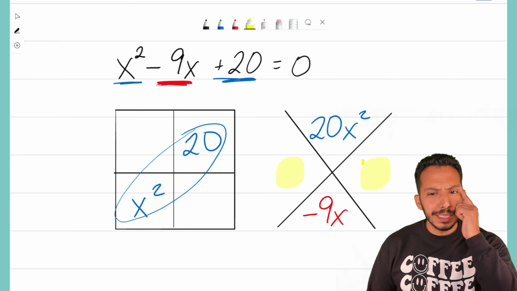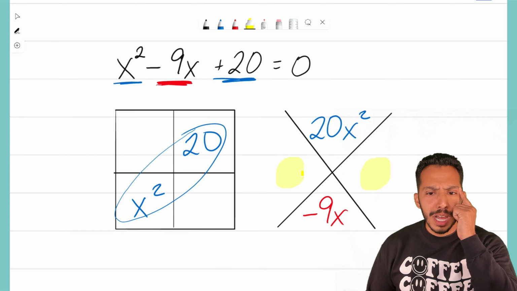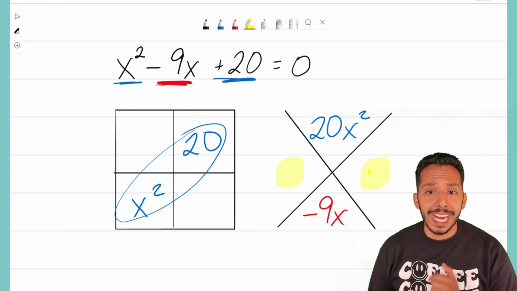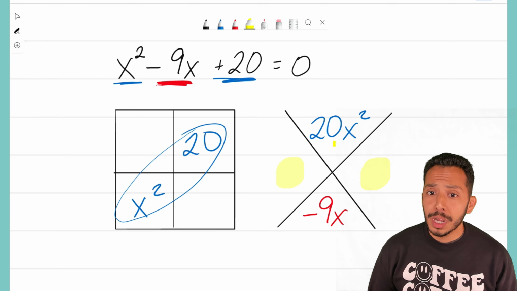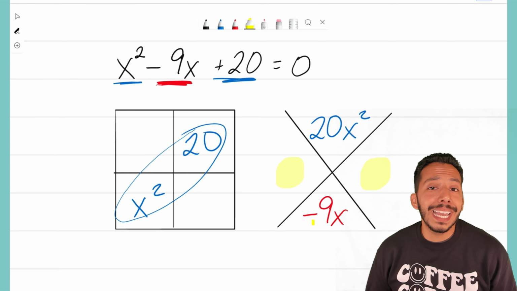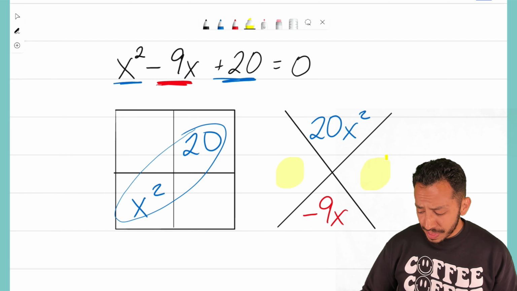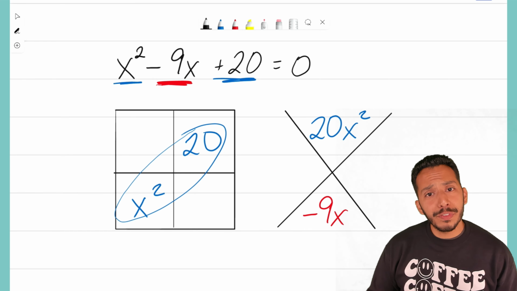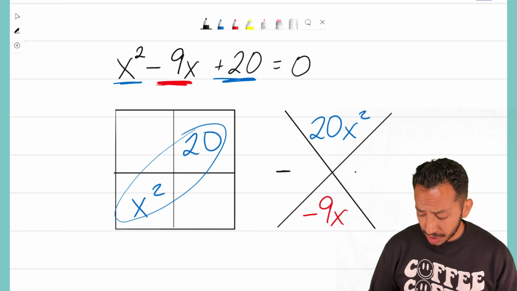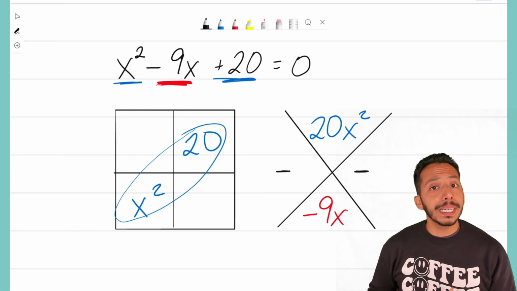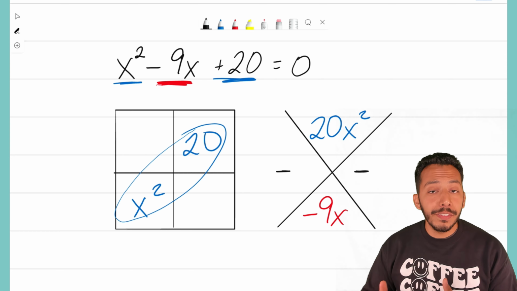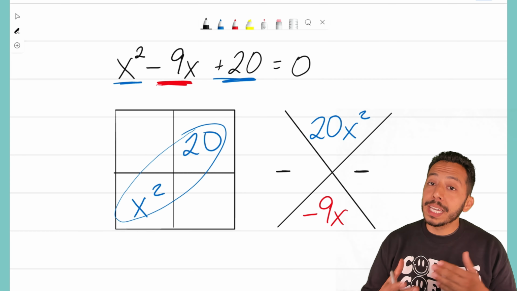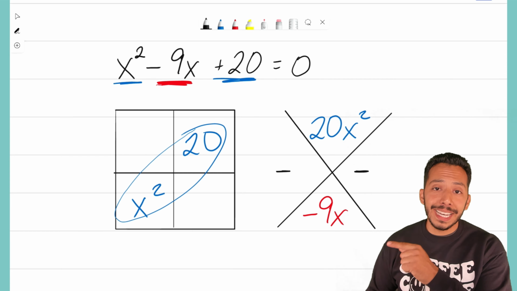And we got to think about this. Whatever these two terms are, they're going to multiply together to make a positive number, but then when they add, they make a negative number. And the only way that that's going to make sense is if those two factors are both negative, right? Because a negative times a negative will give us the positive 20, but a negative plus a negative will give us that negative 9x.